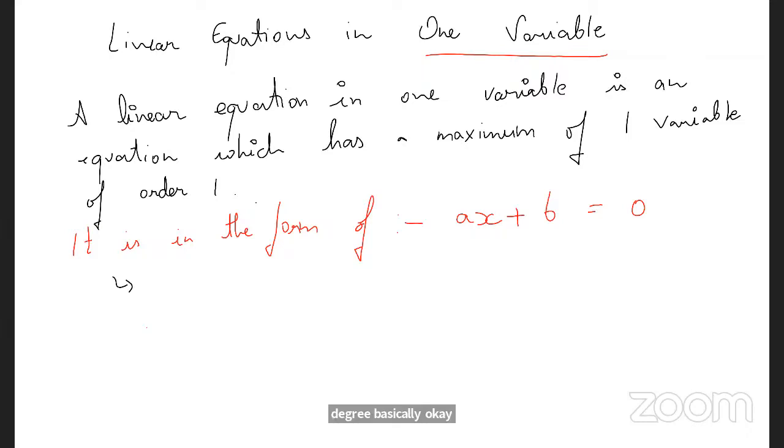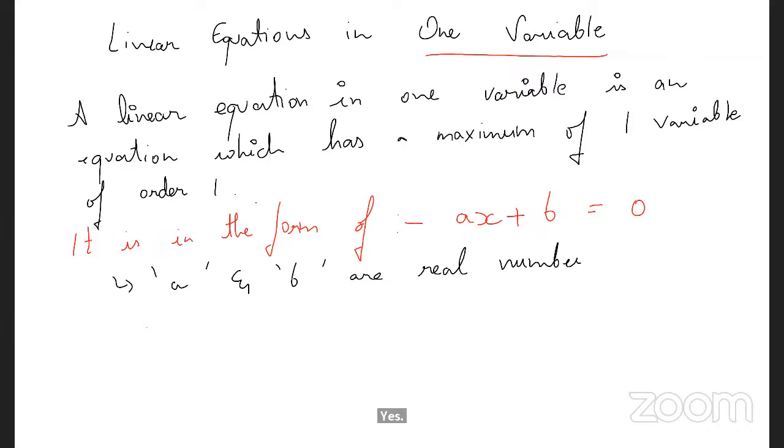Yes. Now a and b are real numbers in the above equation, ax plus b equals to 0. A and b are real numbers.